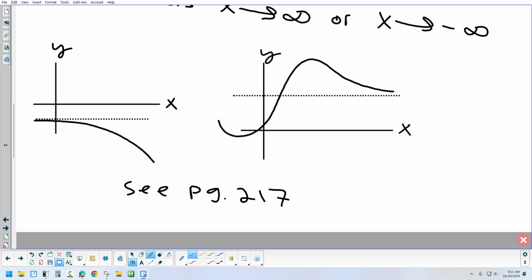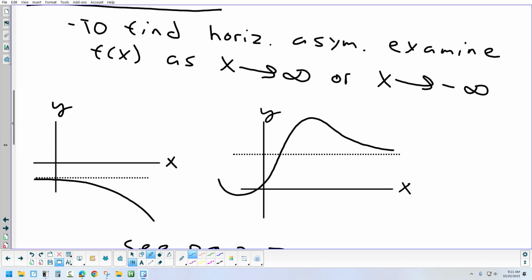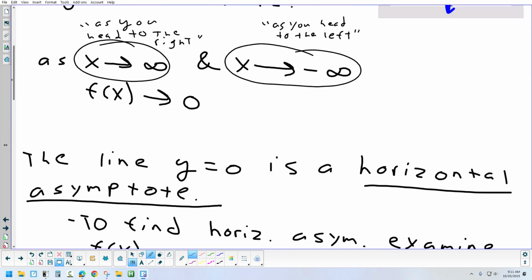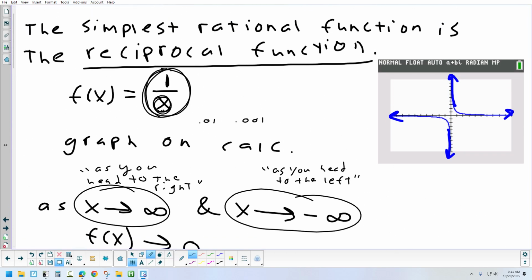And in our book on page 217, they've got more examples if you want to see additional pictures. But that's the idea. Horizontal asymptotes are generally sketched as a dotted line in our picture. So if I wanted to sketch the asymptote here, I would do something like that. That symbolizes a line I get close to, but never reach.